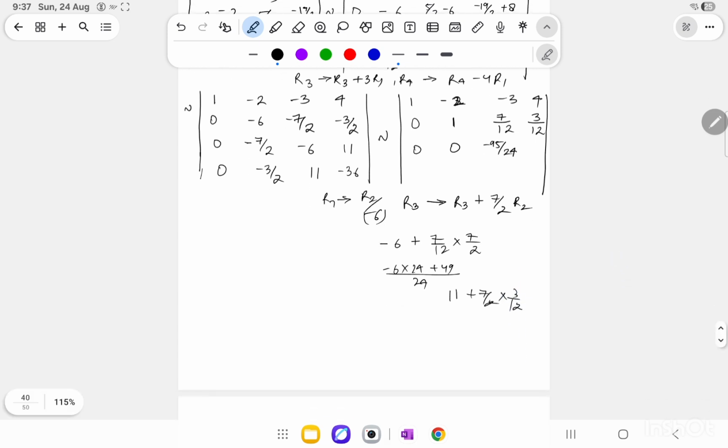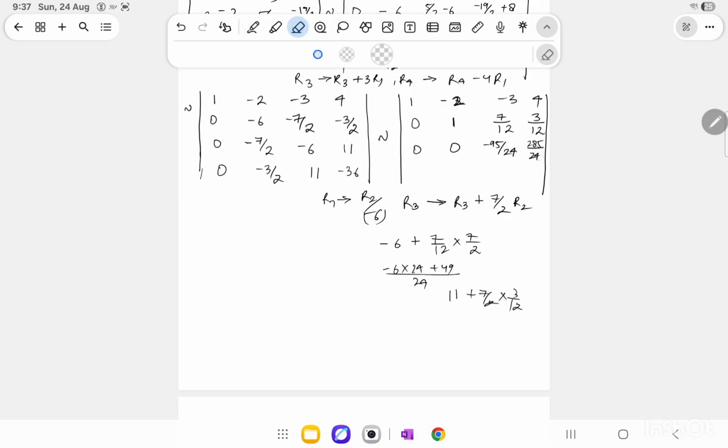so that is 11 into 24 plus 21, 285 by 24.